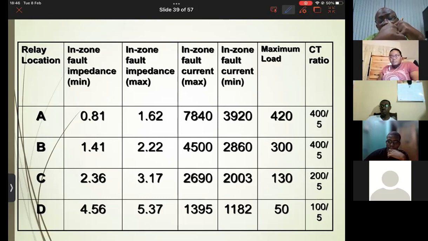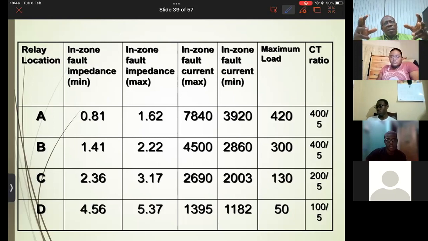So in other words, ideally, if a fault occurs that B is required to clear, and it doesn't clear it, A is supposed to back it up. So the discrimination here occurs because in the normal course of things, A would ignore what is happening in B, because you want B to operate when it has a fault.